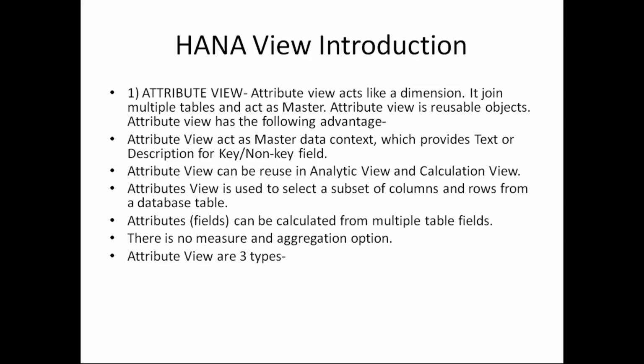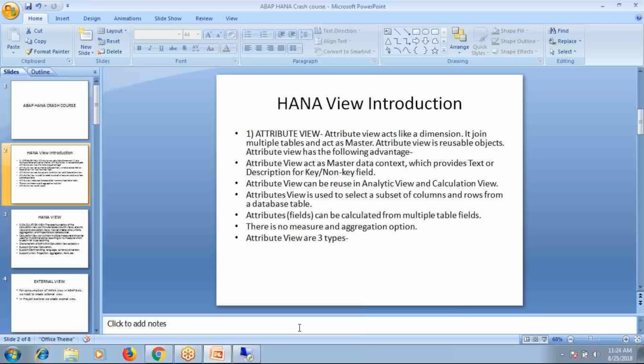Suppose we have a material master table, some customer details, some language tables, where we need master tables for text only. For those tables we need to create attribute view. Attribute views are of three types. I will show you.